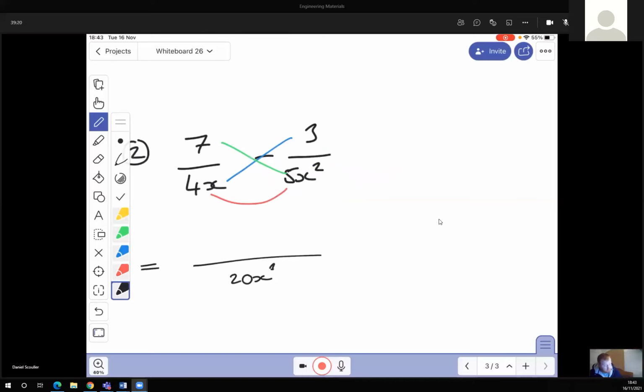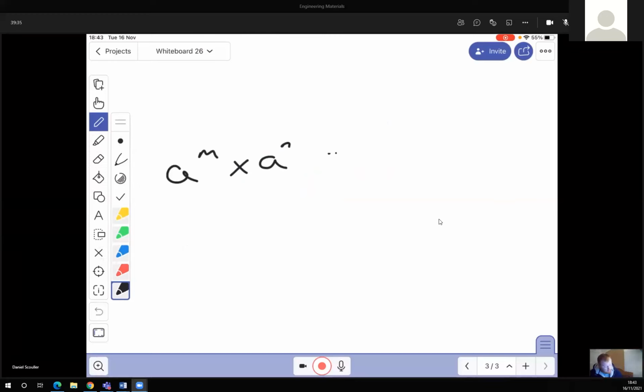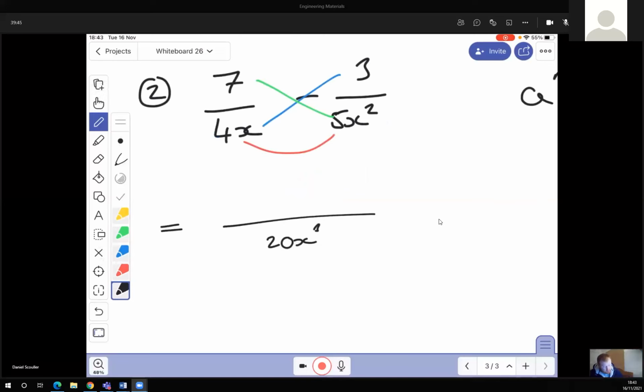So remember the rule, we're just adding the powers together, to the power of 3.